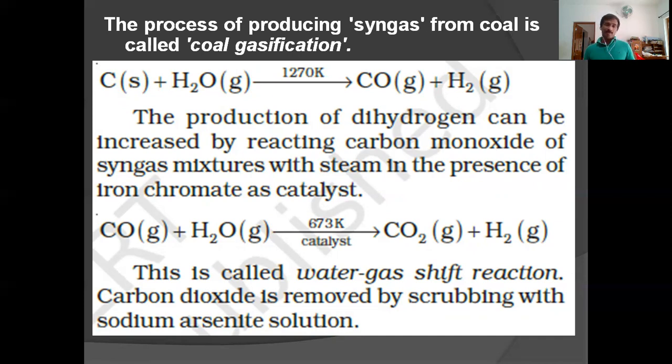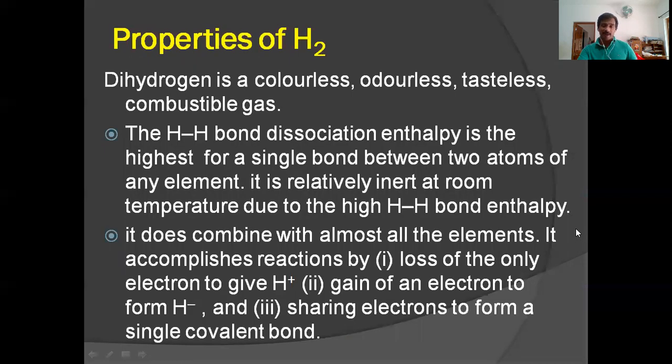This reaction is known as the water gas shift reaction. When water gas is treated with steam, more hydrogen and carbon dioxide are produced. That reaction is known as the water gas shift reaction.